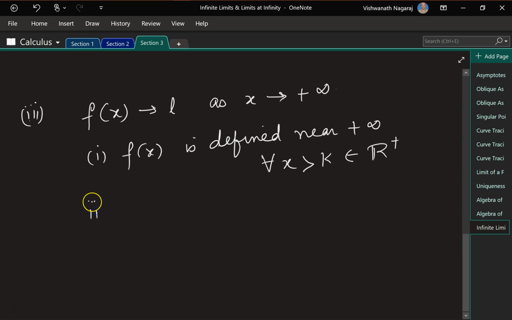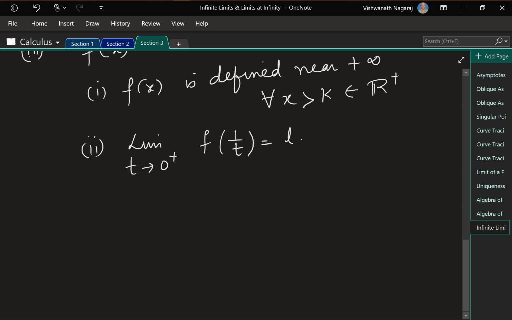And the second aspect is that the limit as t approaches 0 from the positive side of f of 1 by t is equal to L. Remember, as t approaches 0 from the positive side, 1 by t would become infinite. So as t approaches 0 from the positive side, f of 1 by t will be equal to the limit. This we write as limit as x approaches positive infinity of f of x is equal to L.